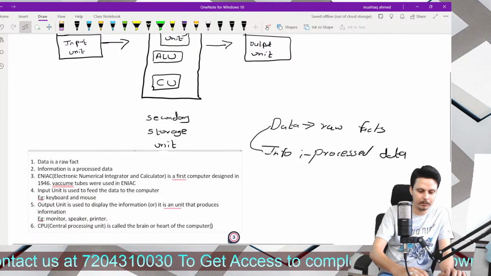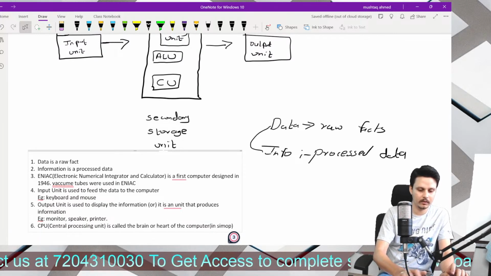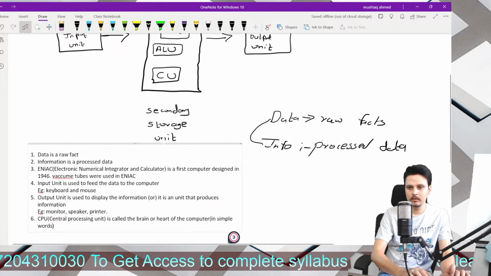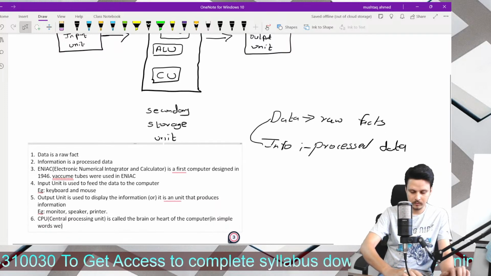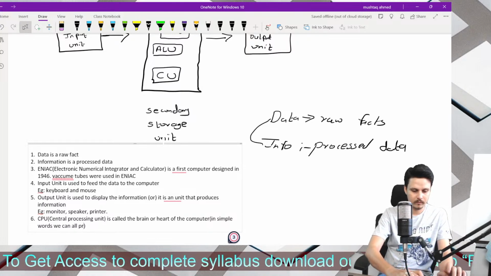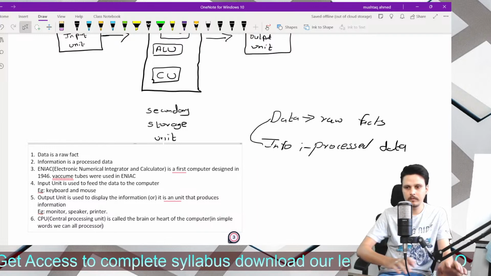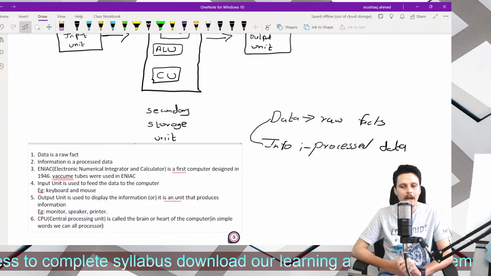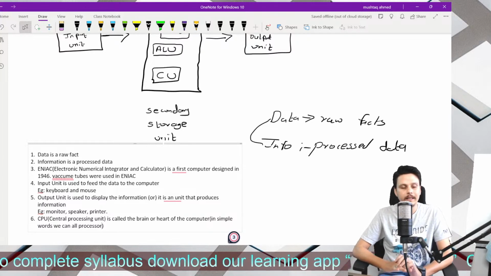In simple words, we can call it processor. So which is the brain of the computer? If you have an option of CPU, then it is the right answer.